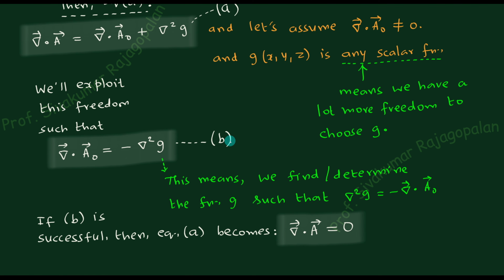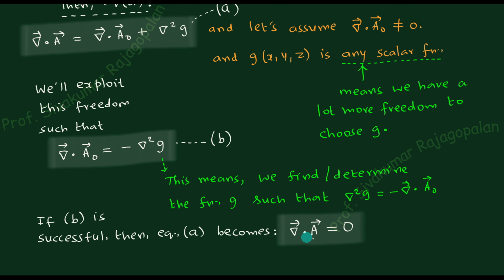If you are able to successfully find the scalar function G such that this condition is satisfied, then our equation for the divergence of A has been simplified to a great extent.